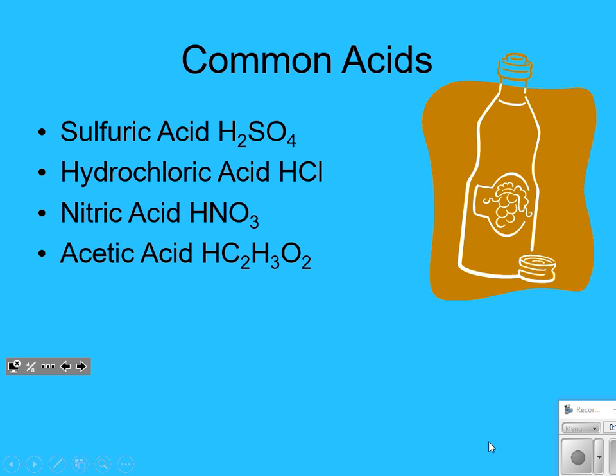Referring back to the reading guide, it's what we call a diprotic acid. It can donate 2 hydrogens because it has 2 in its formula. Nitric acid has the nitrate polyatomic ion in it. And since the nitrate polyatomic ion is a -1 charge, there's only 1 hydrogen that goes with that. Nitric acid is one of the acids that we're going to be using for the chemistry semester project.